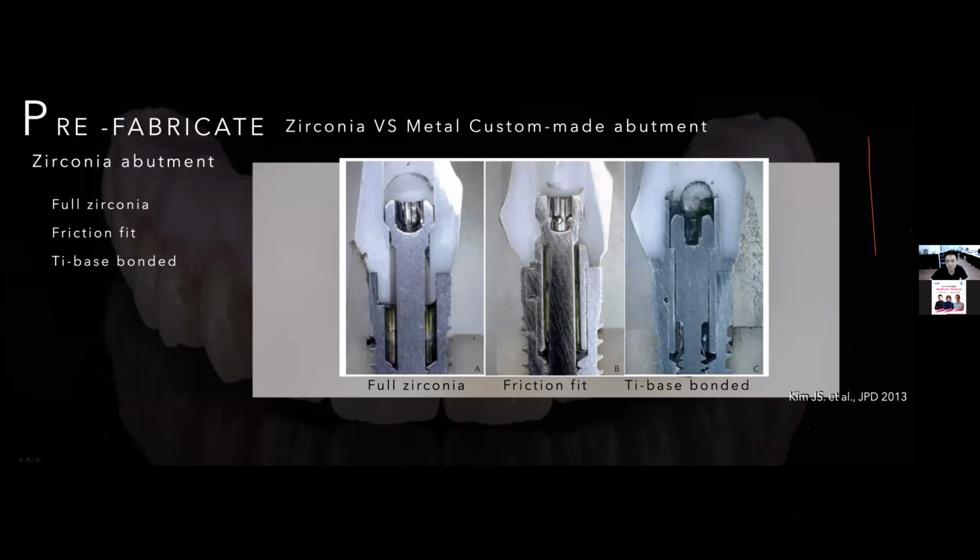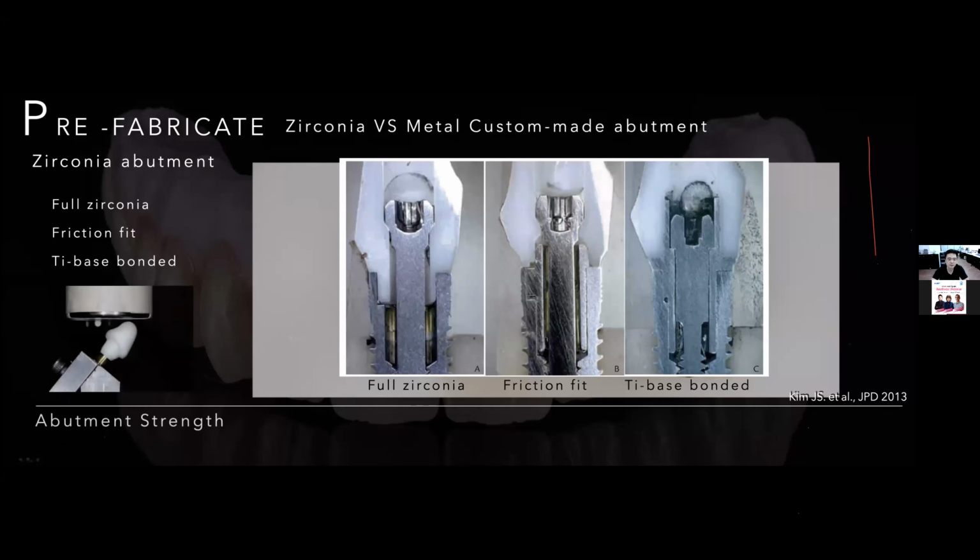Why? Because in this study test, we can see the full zirconia abutment's chance of fracture is also better than the fixation type, but the fixation type is not very weak. The problem is that at the interface the zirconia will easily break and the layer will spread.